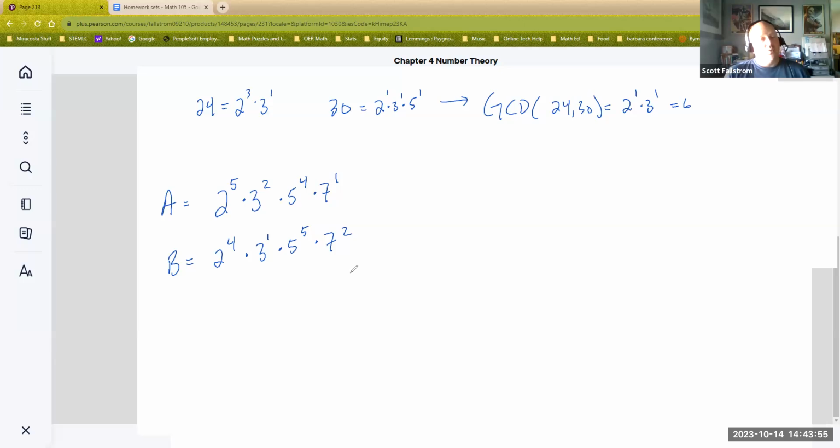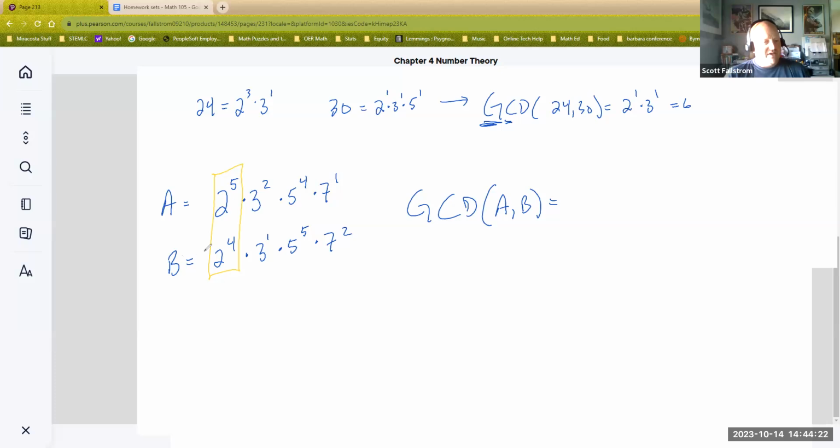But now let's take a look. What is common to both? And we're looking for the biggest thing, the greatest thing that's in common. So the GCD of A and B is what we're looking for. Let's start with the prime factor of 2. What is the greatest amount of 2's that'll go into both numbers?